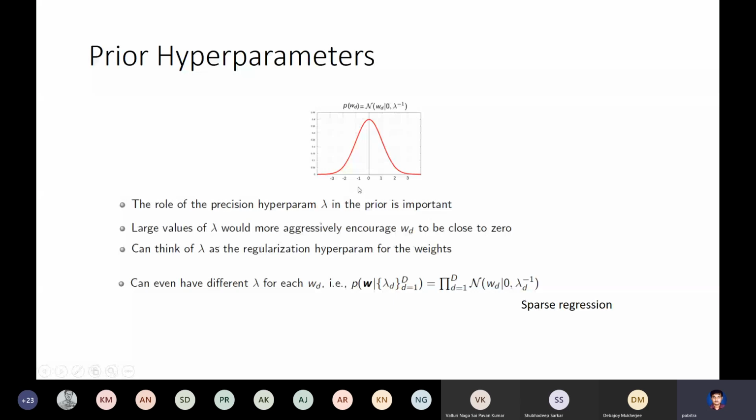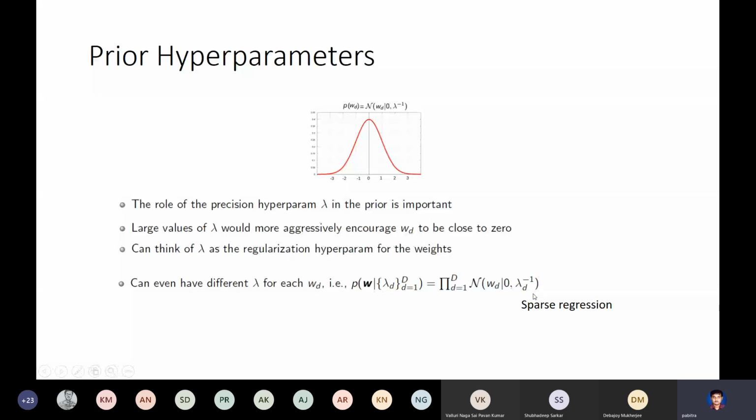Again, we still assume independence of W1, W2, up to W_d, so the joint distribution of P(W) can look like this. You cannot simplify it into a multidimensional Gaussian now, but you have a product of a number of distributions.